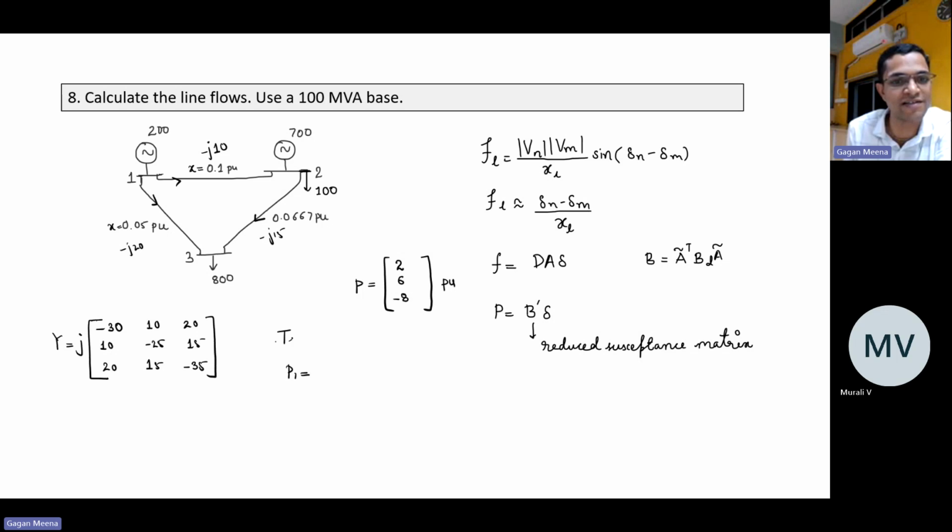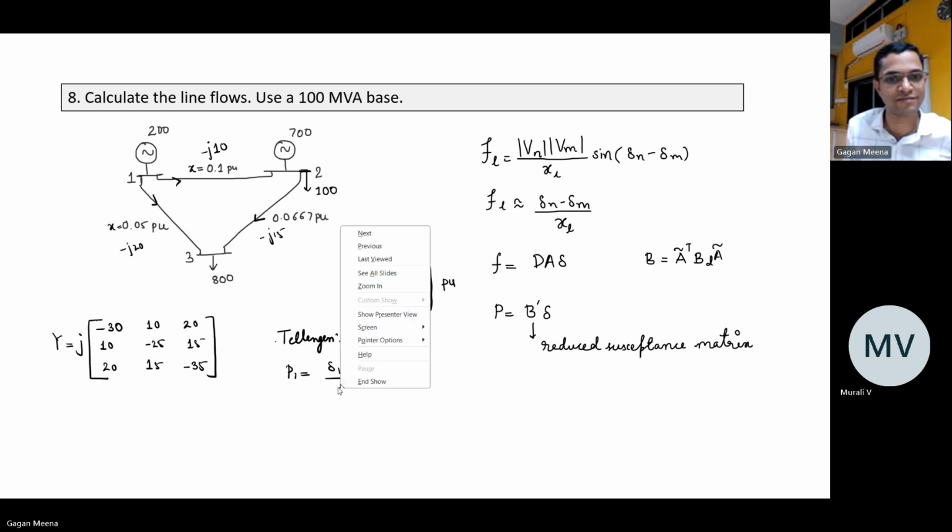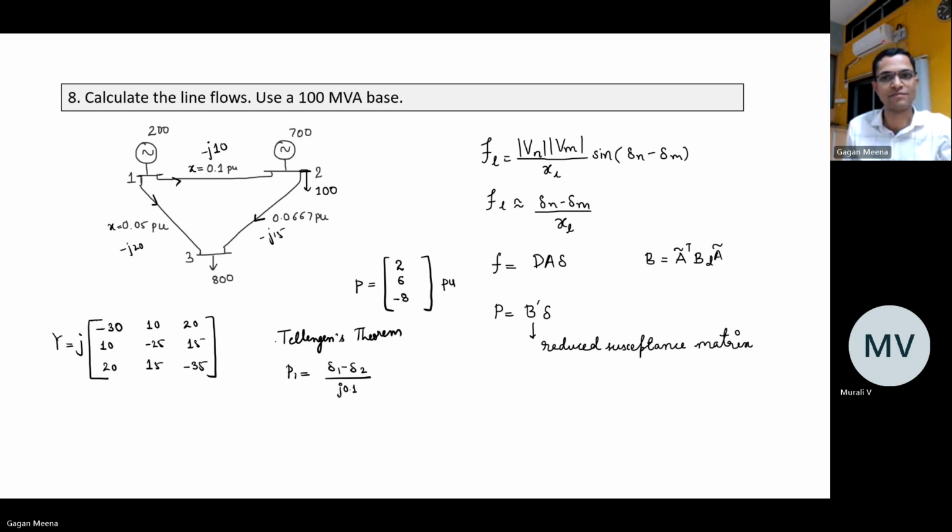We are using the intelligence theorem here. P12 plus P13. So what is P12? P12 is delta 1 minus delta 2 by x, which is 0.1.